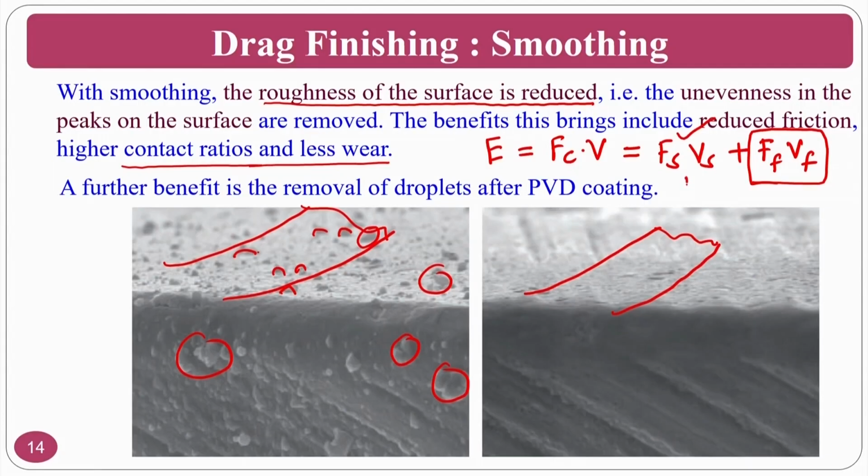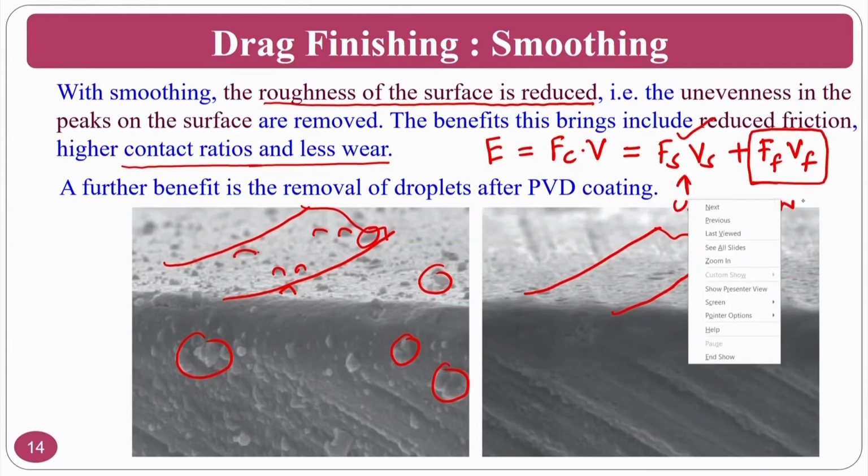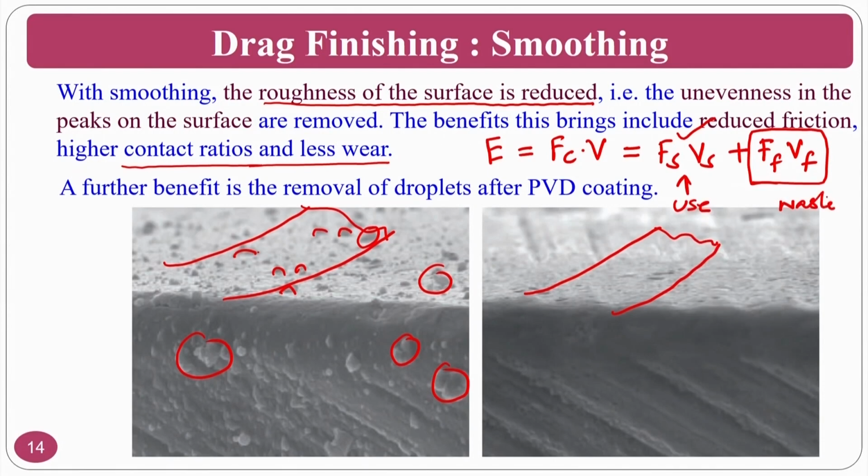This particular thing is known as useful and this is waste. Okay. So, if you can reduce the friction on a particular surface on a cutting tool, your frictional force as well as frictional velocity, if it goes down, what will happen? That means that your shearing ability of your cutting tool and useful energy will be maximum. For that purpose, you have one option of finishing, the drag finishing process.